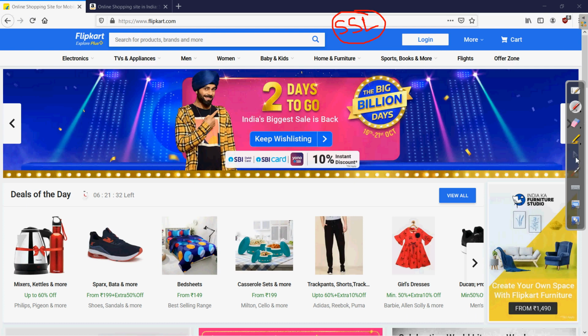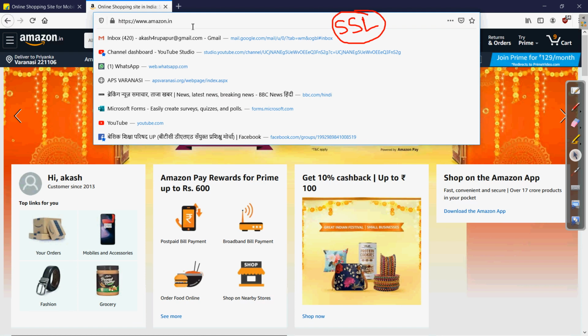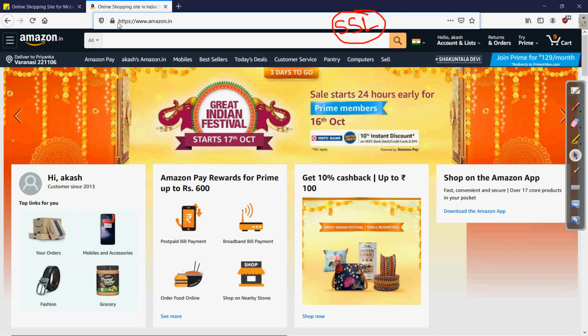In a similar way, if we see an example of one more website, for example Amazon, here also you can see the URL is starting with HTTPS. You can notice in the URL bar that it is starting with HTTPS. Clear? And along with this we have the lock symbol also.